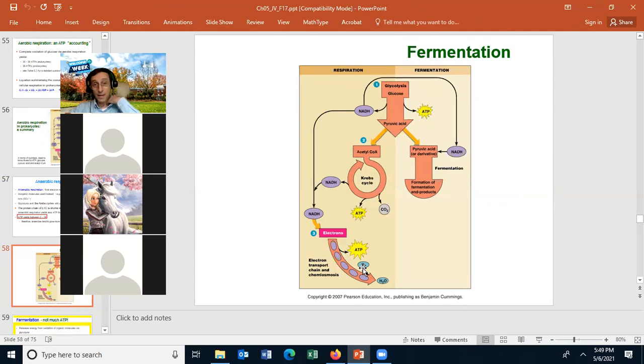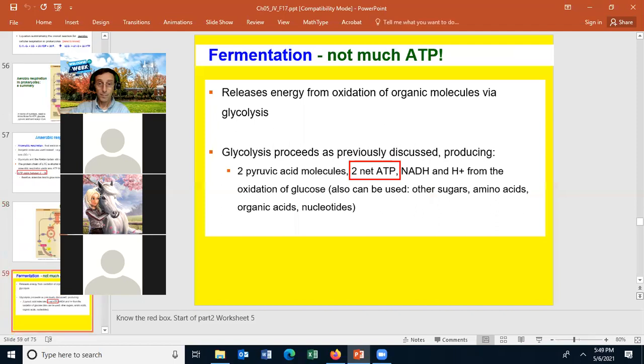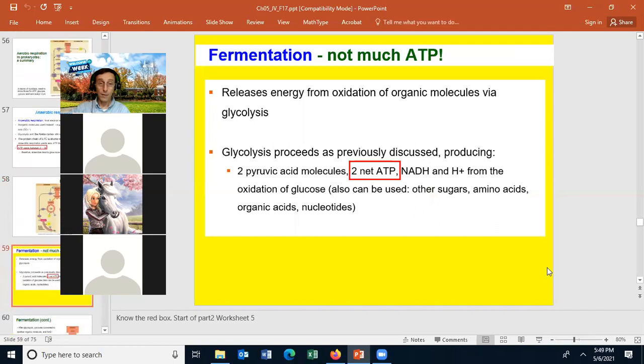And then the other thing we need to talk about is fermentation, which is another way that cells can use glucose to make ATP. Fermentation does produce ATP, but not much.